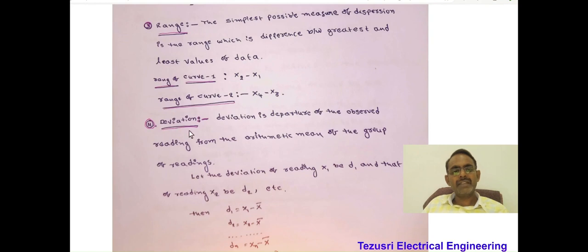Next, the important one, deviation. Deviation is the departure of the observed reading from the arithmetic mean of the group of readings. The departure of the observed reading from arithmetic mean of group of readings is called deviation. Let the deviation of reading x1 be d1 and that of reading x2 be d2, like this.